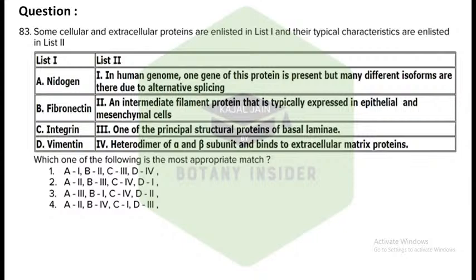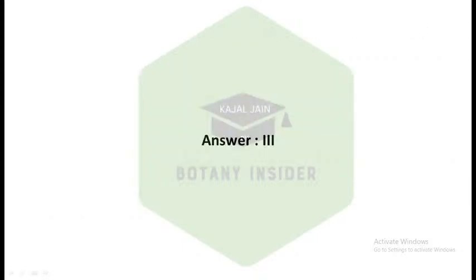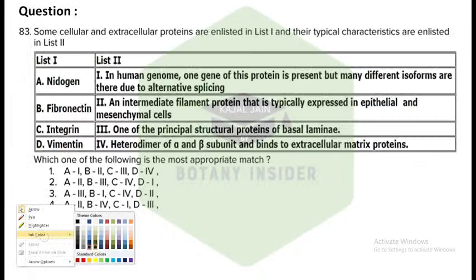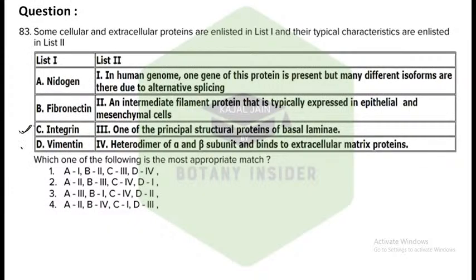On one hand you're given nidogen, then you have fibronectin, then integrin, and then you have vimentin. If you look into integrin, integrin has alpha and beta subunits, so C gets marked with the fourth one. If C gets marked with the fourth one, the answer is either option B or option C. Now if I can get the answer of B, which is fibronectin, with the correct one, I can easily mark the answer.